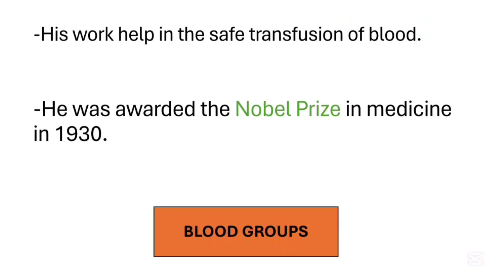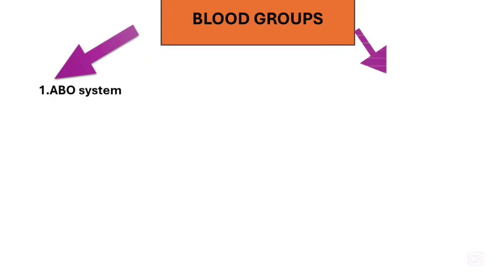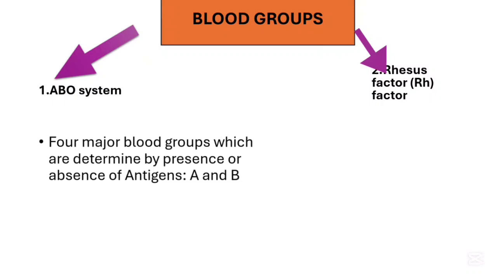Blood groups are classified based on the ABO system and rhesus factor, also known as RH factor. According to the ABO system, there are four major blood groups which are determined by the presence or absence of antigens.